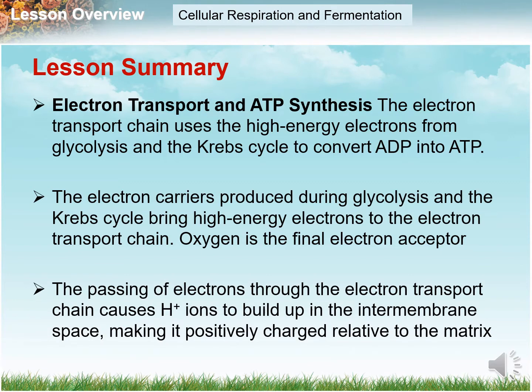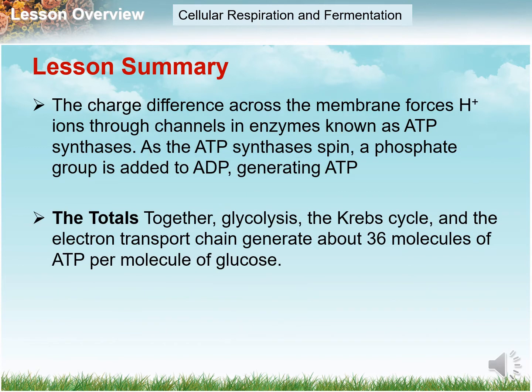The passing of electrons through the electron transport chain causes hydrogen ions to build up in the intermembrane space, making it positively charged relative to the matrix. The charge difference across the membrane forces hydrogen ions through channels in enzymes known as ATP synthases. As the ATP synthases spin, a phosphate group is added to ADP, generating ATP.